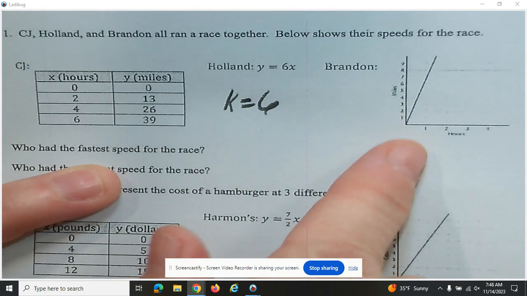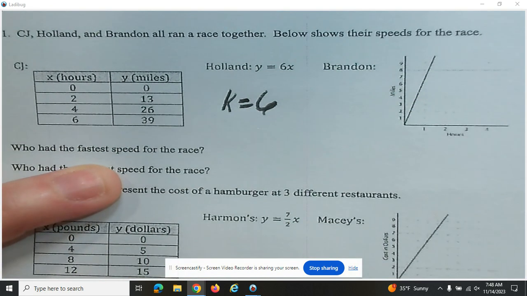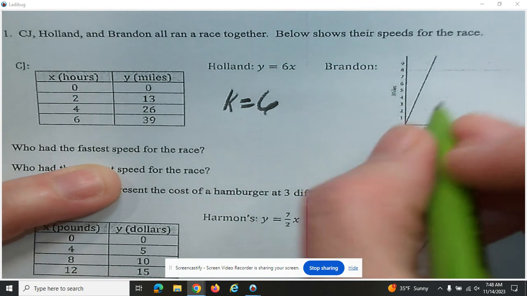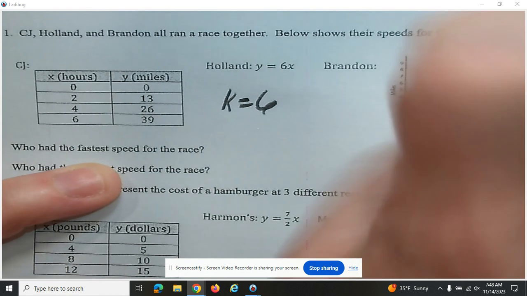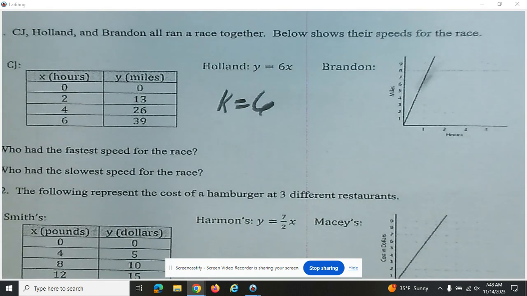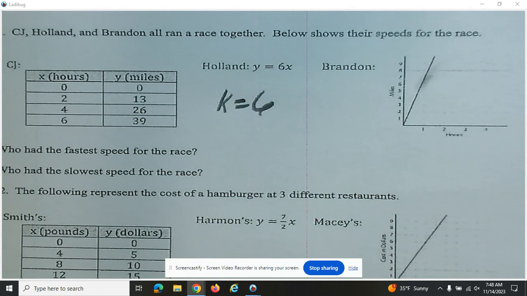What's my constant proportionality over here for Brandon? 8. Let me grab the bigger one. It's 7.